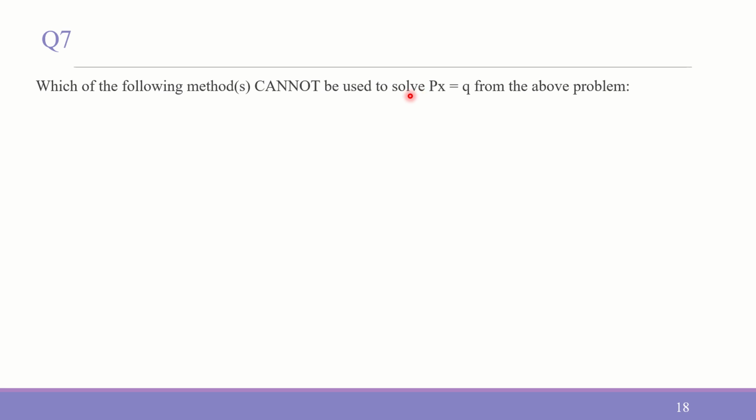So here in the last question it was about which method can be used, but in this particular question it is about which method cannot be used. So what we have? We have first one SOR method, second one multigrid method, and third one SIP method.